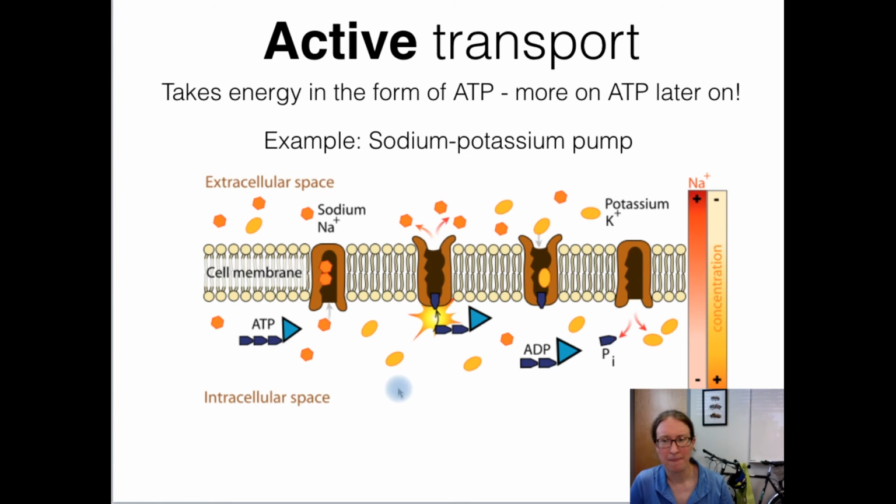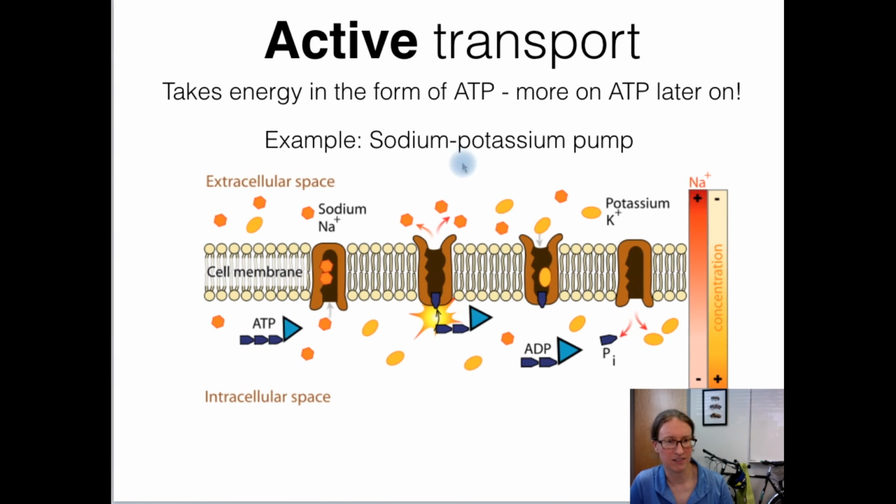The way this transport protein works is that sodium will bind to this transporter, and then at some point a molecule of ATP will bump into this transporter, and it's going to release energy that's going to trigger a change in the shape of the transporter that will release 3 sodium ions outside of the cell.